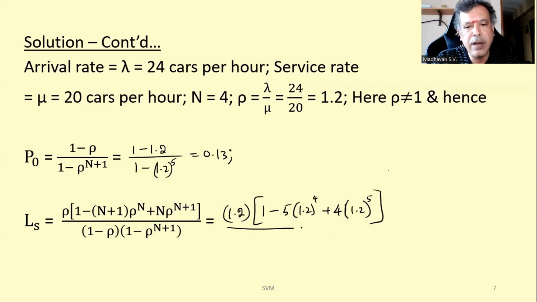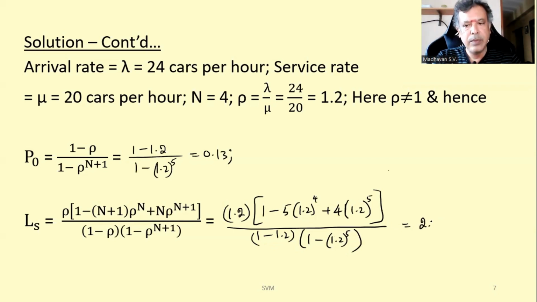The whole thing divided by (1 minus 1.2) times (1 minus 1.2 to the power of 5). Close the brackets. If we evaluate this value, we will get 2.359 cars.